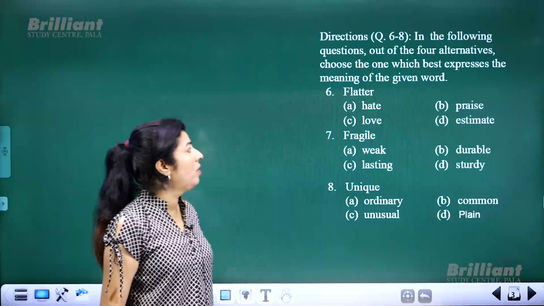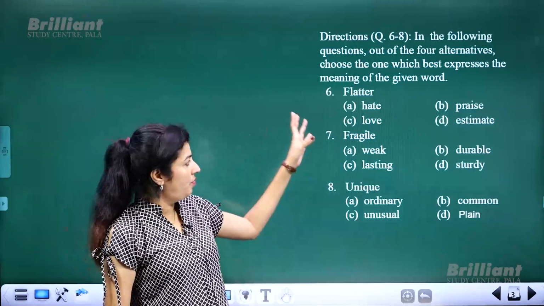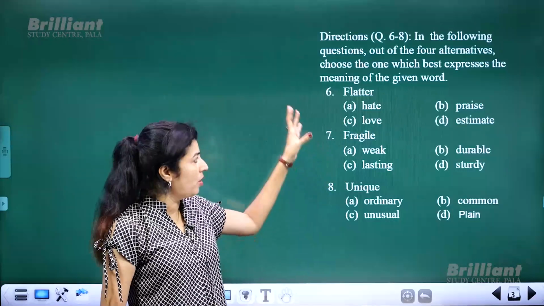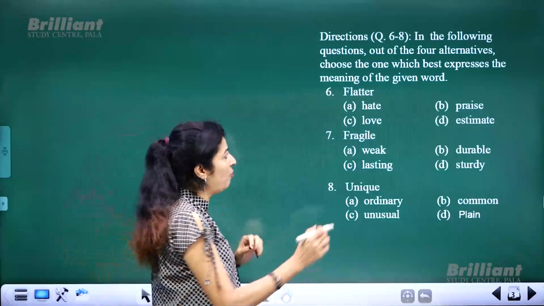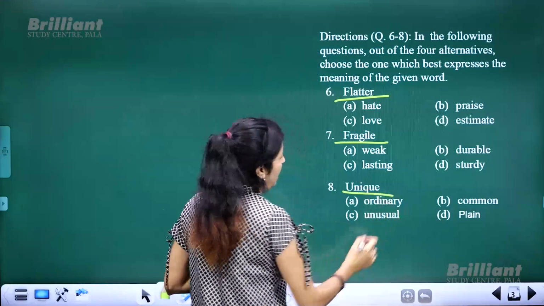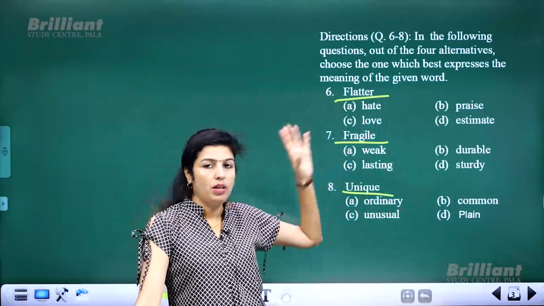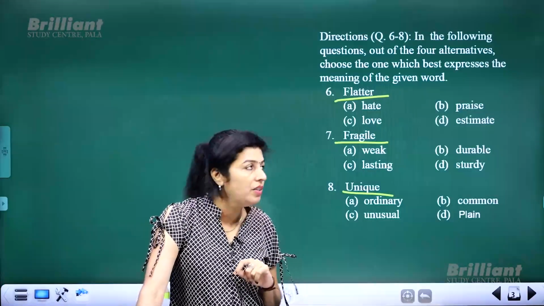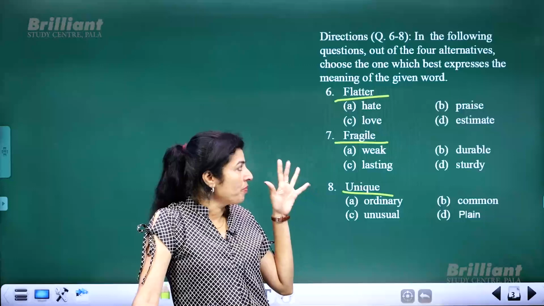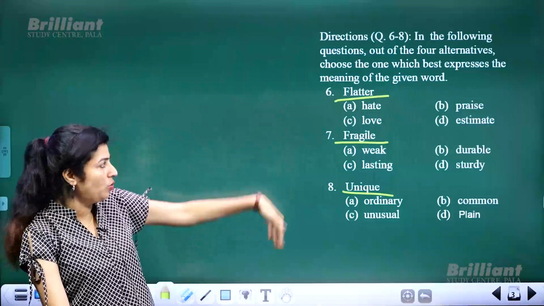Now we have to find the word which is the best synonym for the given one. You have been given 3 words here: flatter, fragile, and unique, and we have to find from the options the exact synonym or similar word for the underlined ones. 4 options are given for each.